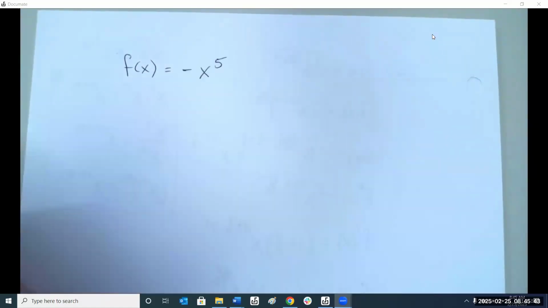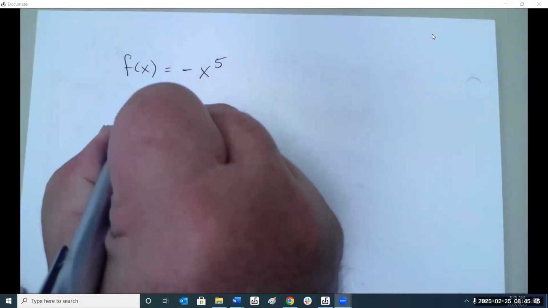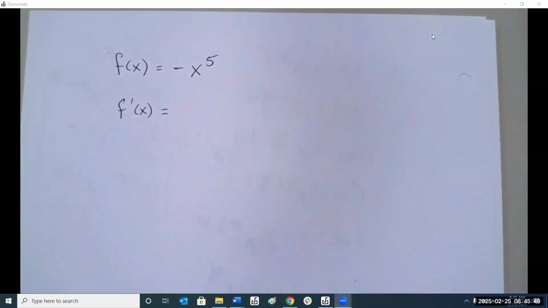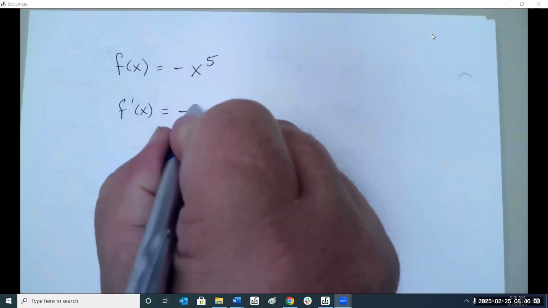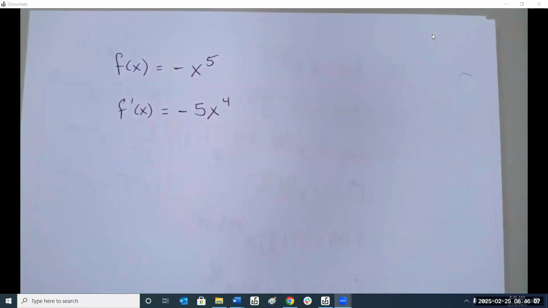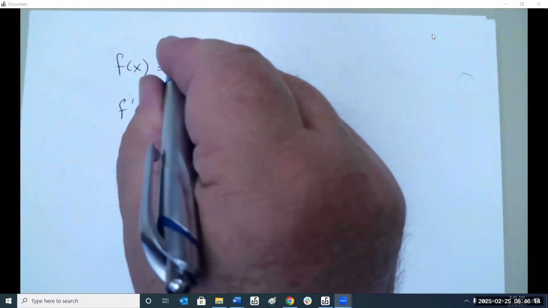What would the derivative of this one be? Very good. Negative 5x to the power 4. Because what's your constant multiple? Negative 1.